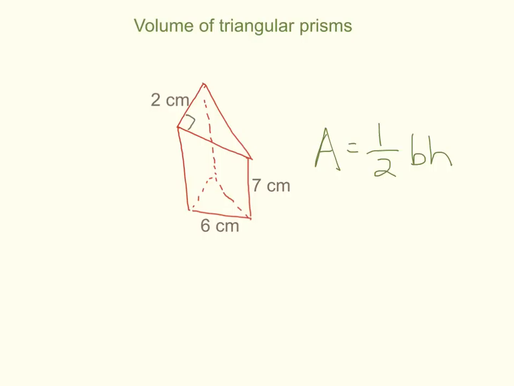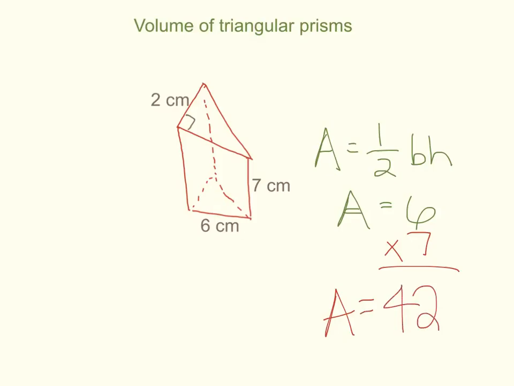So if the base is 6 and the height is 2, then our area would equal 6. So then you take that and you multiply that by the height to get a volume of 42 centimeters cubed.